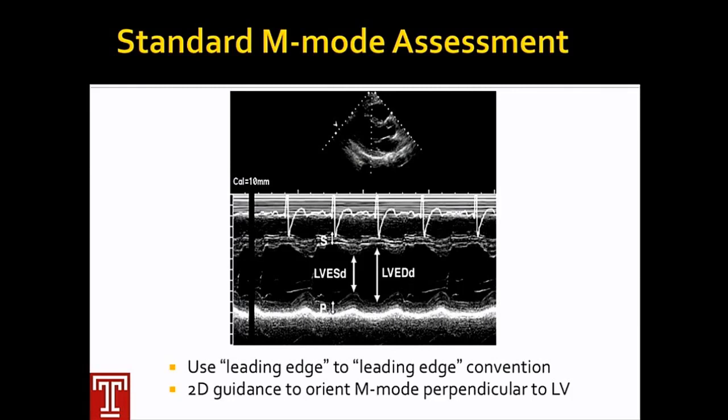I don't know if it's too small from even my point in the room to really look at it, but this has been done in a 2D guided method. If you look at the upward tilted LV, our M-mode cursor can only move in a certain pie-shaped arrangement, and you'll notice that this measurement is actually being made slightly off axis.